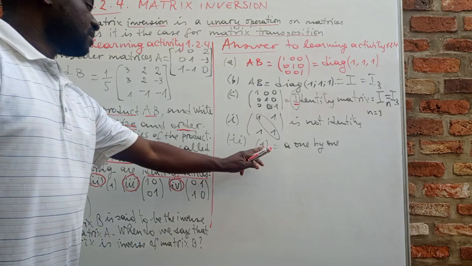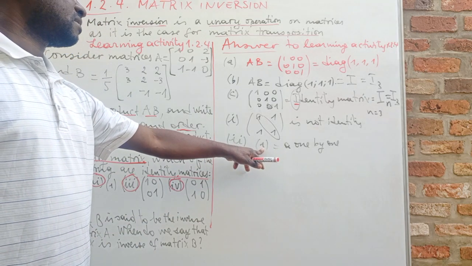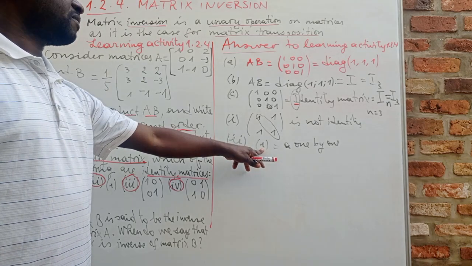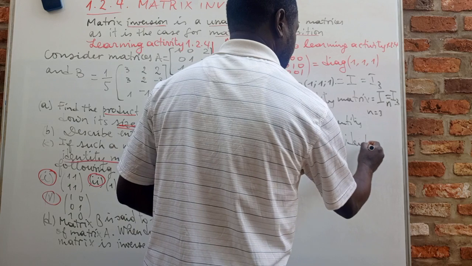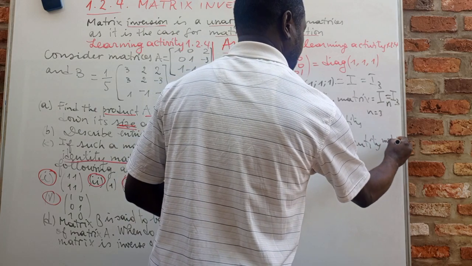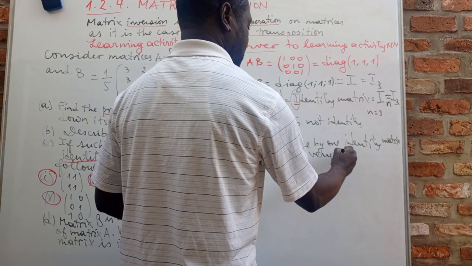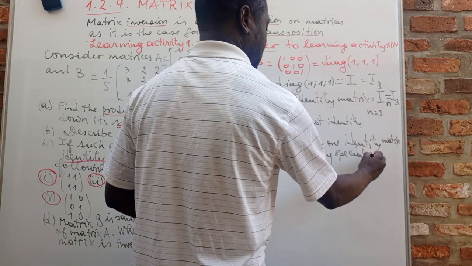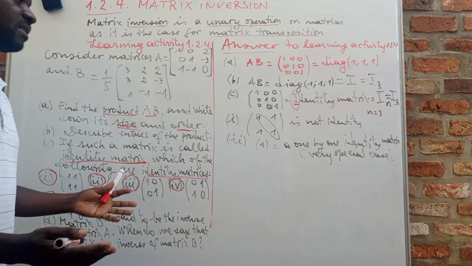As its only coefficient is 1, we can call it an identity matrix of order 1, a 1 by 1 identity matrix, as a very special case, because 1 by 1 matrices are just scalars.